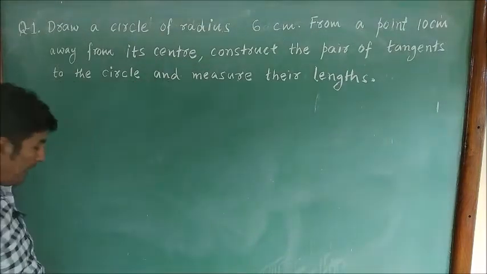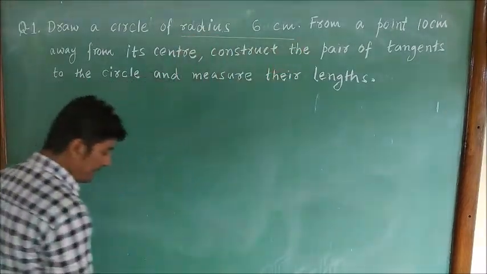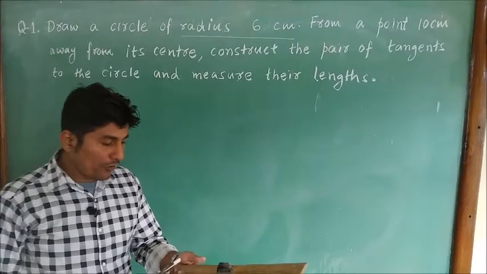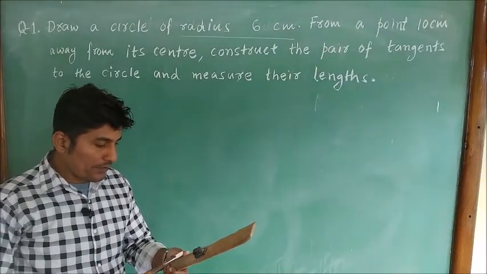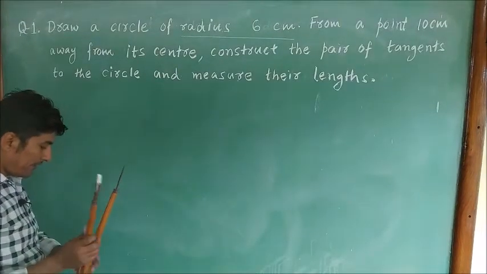So first of all, we have to draw a circle with radius 6 cm. Now we will take the arc of 6 cm to construct a circle. So this arc is equal to 6 cm.